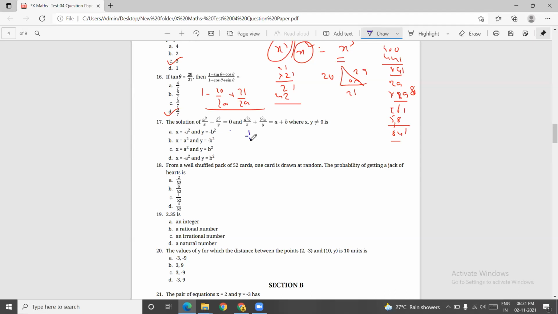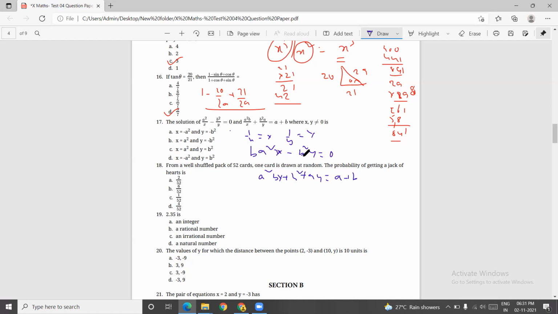I'm taking 1 by x equal to capital X, 1 by y equal to capital Y. Then I will get a square X minus b square Y equal to 0, and a square b X plus b square a Y equal to a plus b.